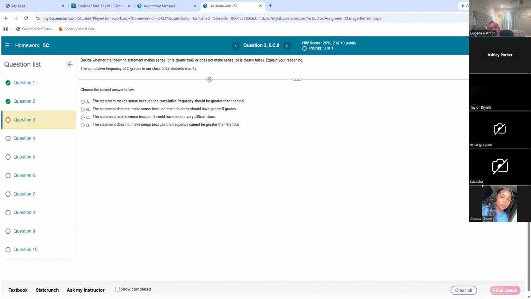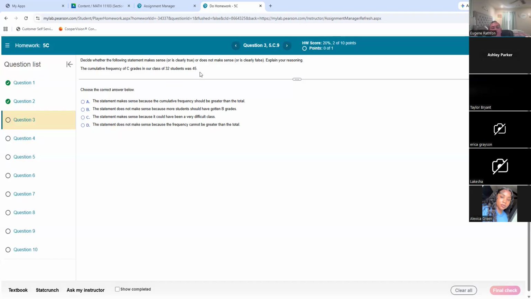So y'all, is this one possible? Can you have a cumulative frequency? Remember, cumulative was when you added them all up. So the cumulative frequency of C grades in our class of 32 students was 45.